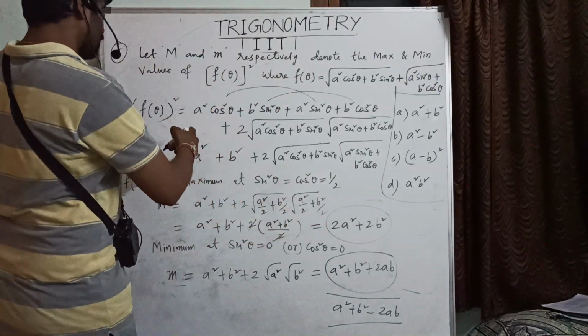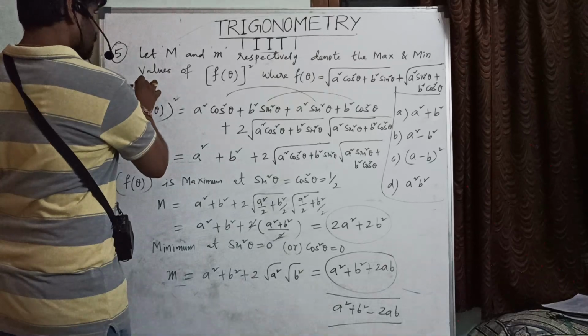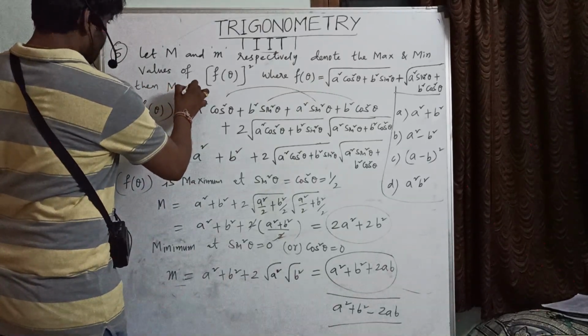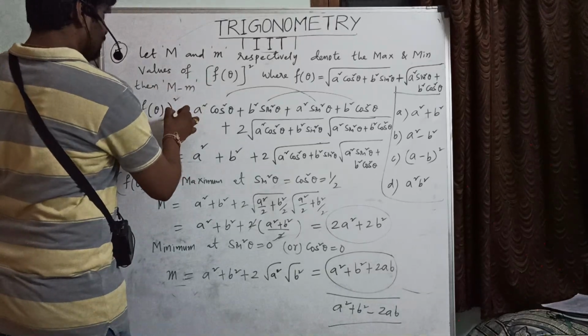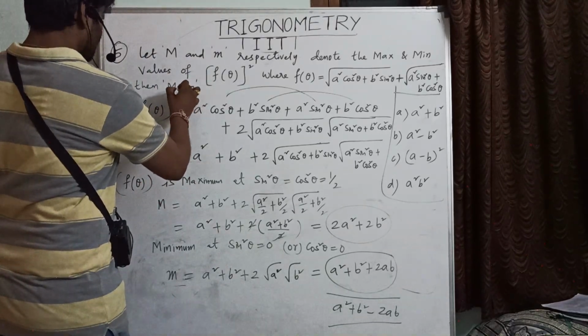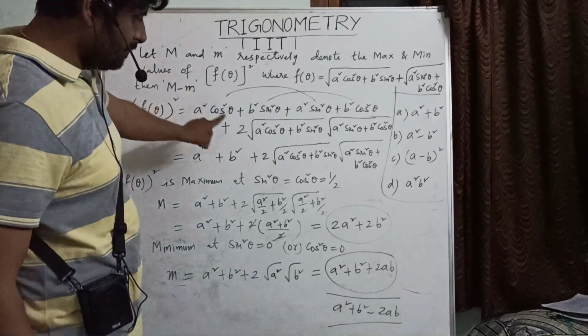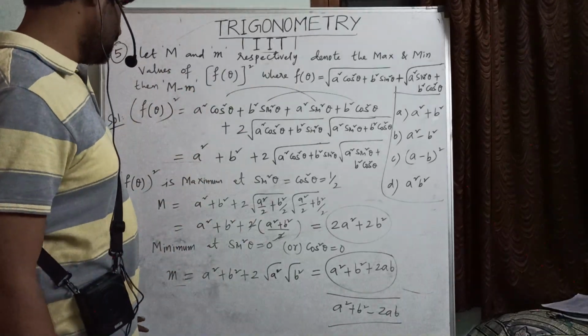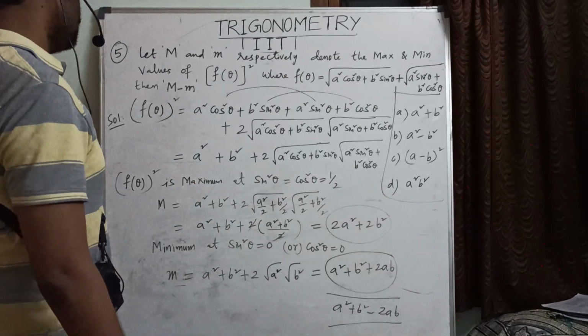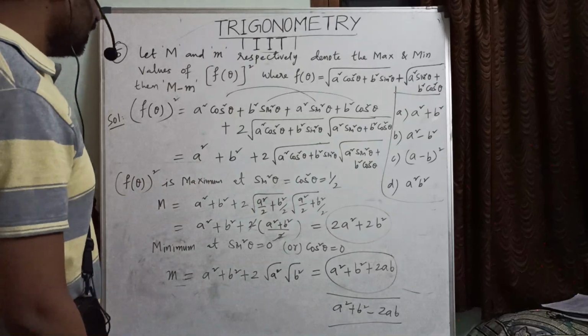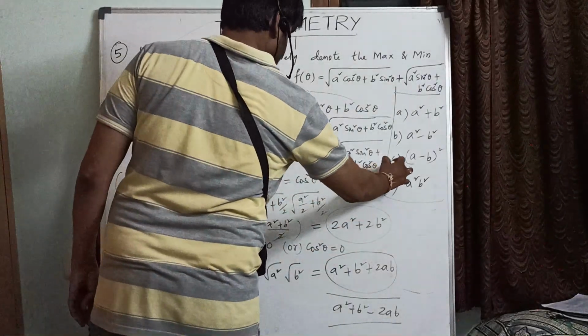Actually here the question was M minus m. We are going to find the value of M minus m, the difference of maximum and minimum. Hope you have understood, right? So which option is correct there? Option C is correct.